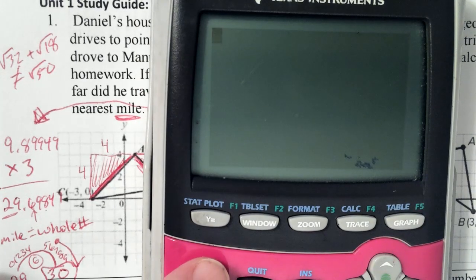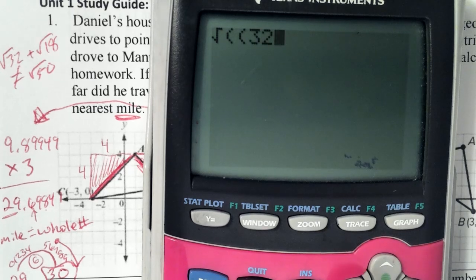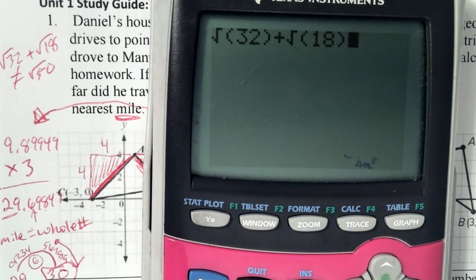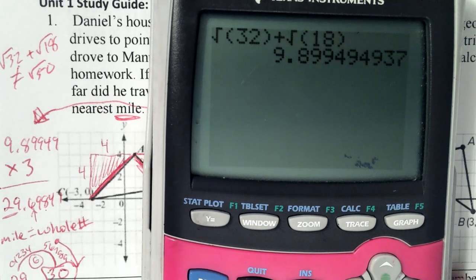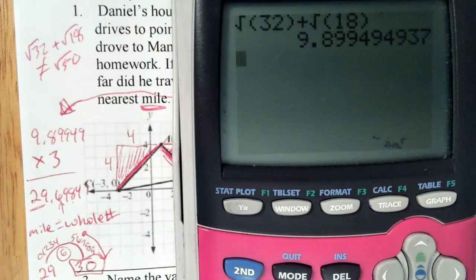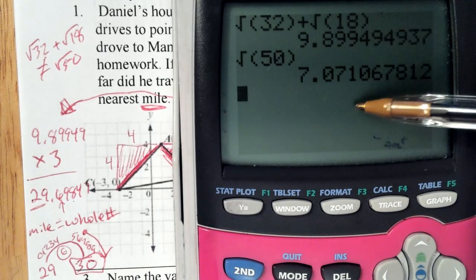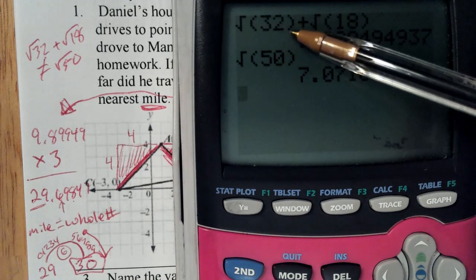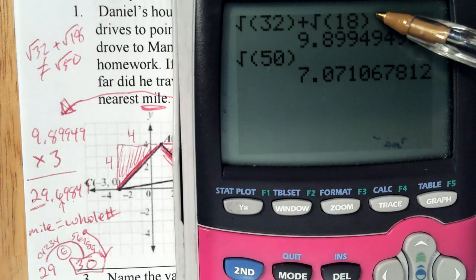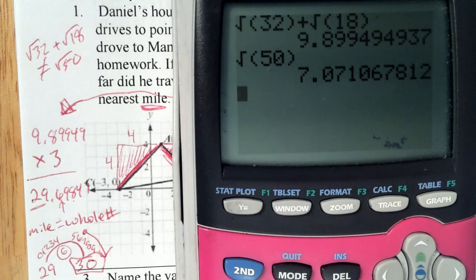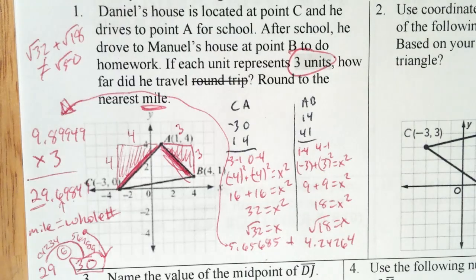Watch this: the square root of 32 plus the square root of 18, that's what the answer is supposed to be, right? But if you accidentally go the square root of 50, those are not the right answers. You have to do the square root first before you add them together. Just pointing that out. Awesome. Okay, let's keep going.